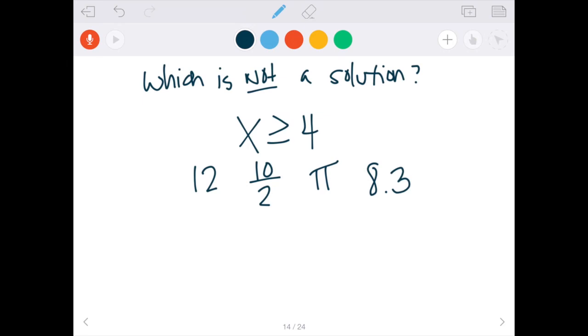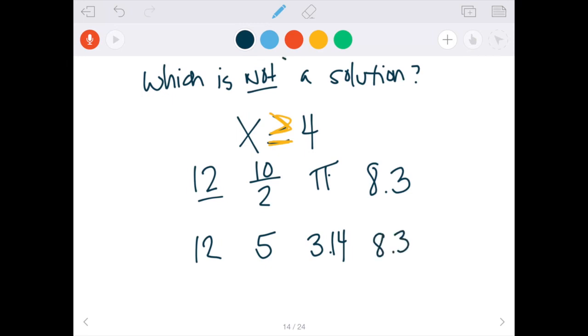So the first thing we have to do is read our inequality, and it says that x is greater than or equal to 4. So we have to choose the number that's greater than 4. Well, I've got one whole number and the other numbers are not in whole number form. I could keep 12. 10 divided by 2 is 5. Pi is 3.14, and 8.3 is just 8.3.